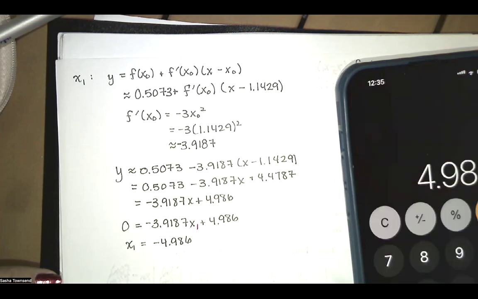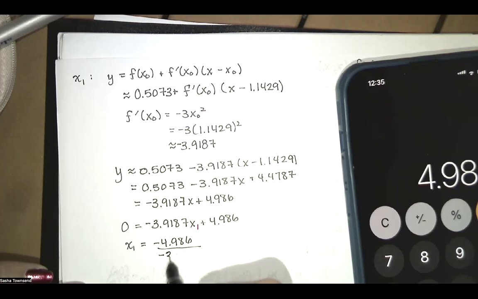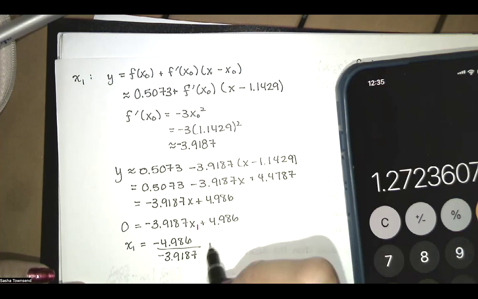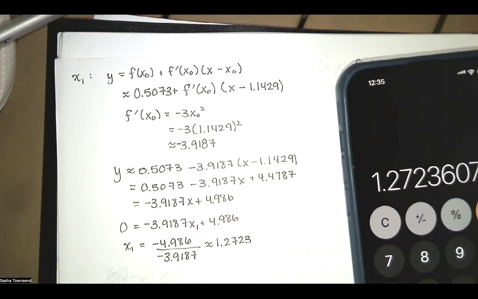And I was going out to 4 decimal places, but I didn't have 4 decimal places this time. Divided by negative 3.9187. And I get approximately 1.2723 as my x value.